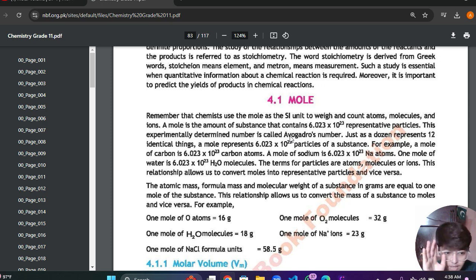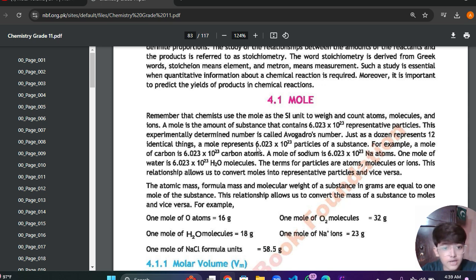Again, if there are even any like 100 moles, the value will be constant, and the value is 6.023 multiplied by 10 to the power 23, or you can simply say 6.02 multiplied by 10 to the power 23 are the particles of a substance. For example, a mole of carbon is 6.023 multiplied by 10 to the power 23.